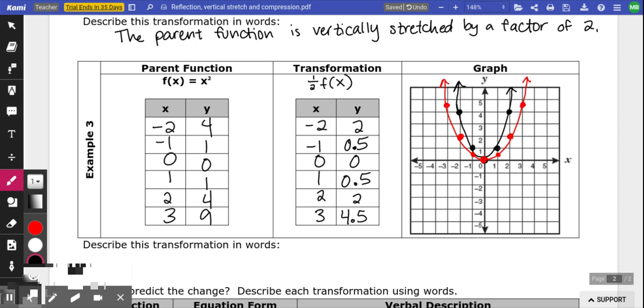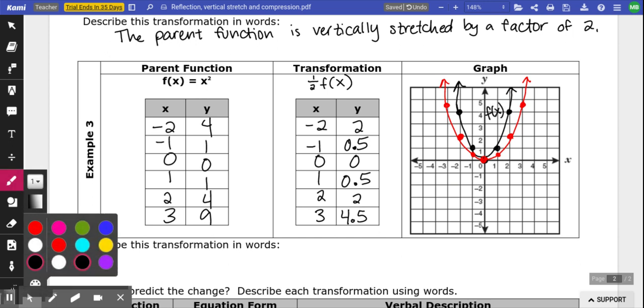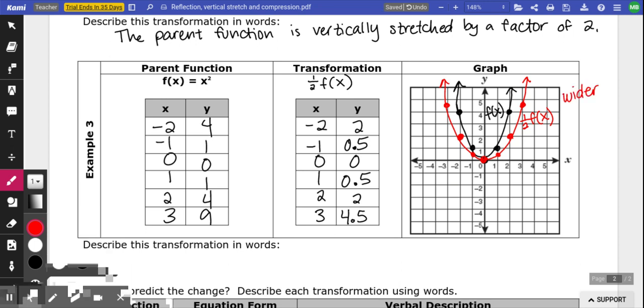Labeling my graphs, my parent function is here in black, and my transformed graph is here in red. Once again, analyzing what has happened. This is a result of the graph being compressed.